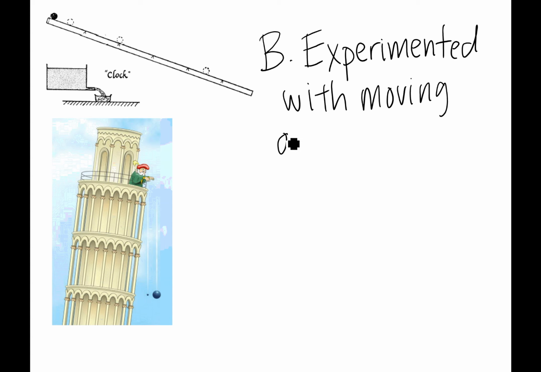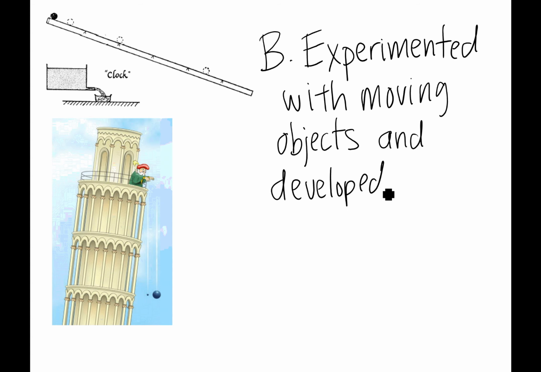Before this, people would just kind of do thought experiments. But Galileo actually got various balls and rolled them down ramps and supposedly threw them off buildings, if the story about him dropping things from the Tower of Pisa is true. But he did real experiments and he developed the idea of inertia.